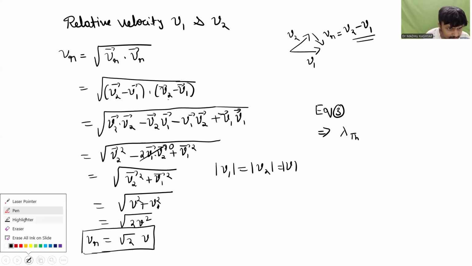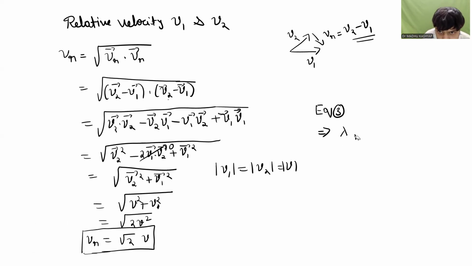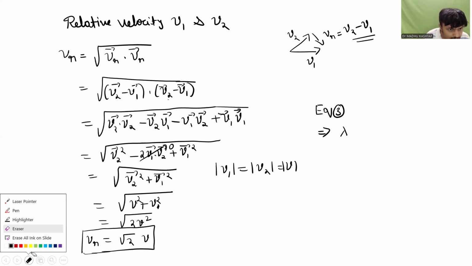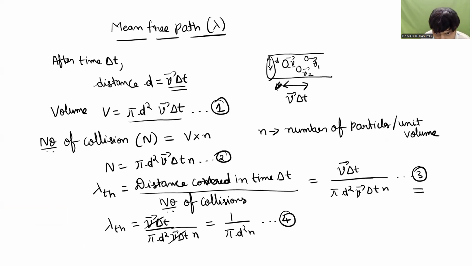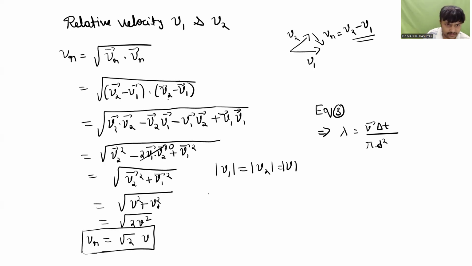So let me take an eraser and remove this theoretical part. We are going to find lambda itself. Velocity times delta t divided by pi d squared, and in place of v we write root 2 v delta t, into n. V delta t cancels.